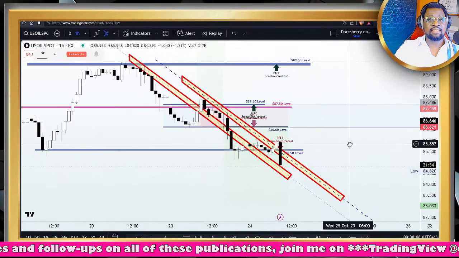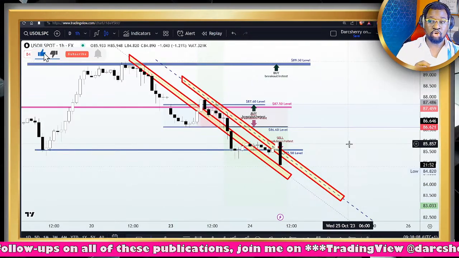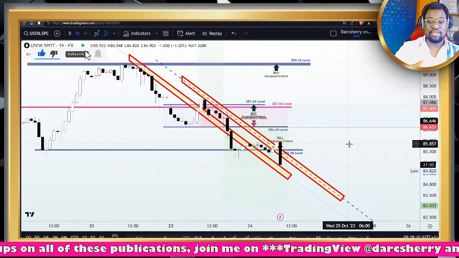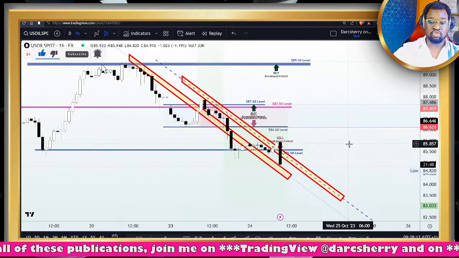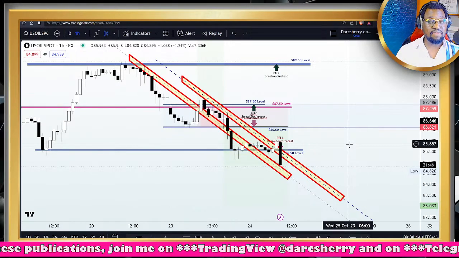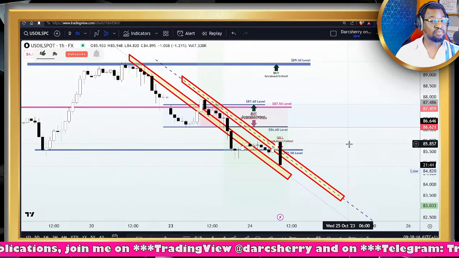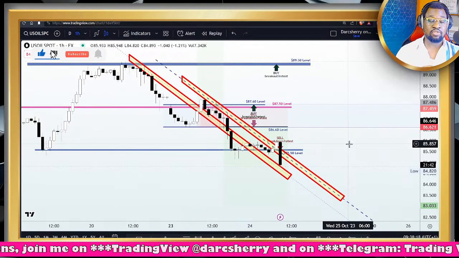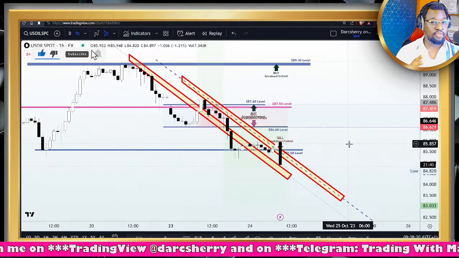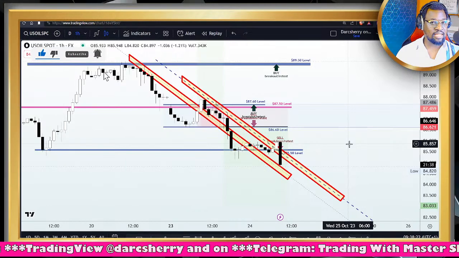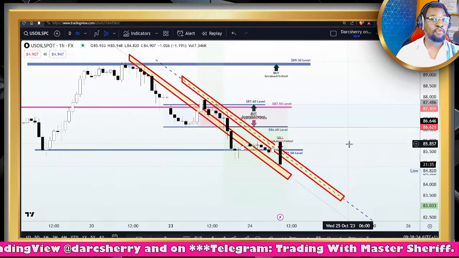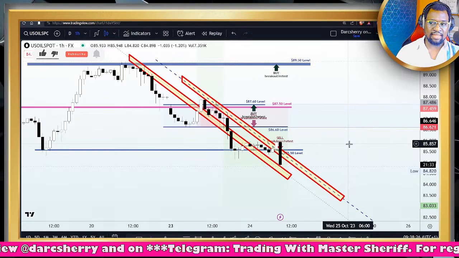Now, these trend lines are going to be playing a major role in guiding our trading activities for today's trading session. What this simply means is that as long as price action remains below this descending trend line, we shall feel very comfortable in our sell position, and of course look out for more selling opportunities at this point.